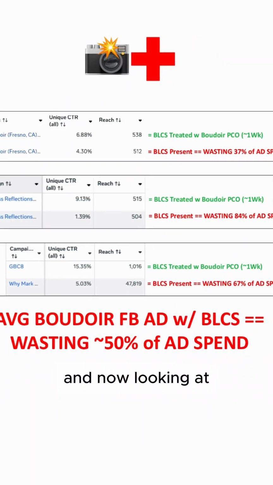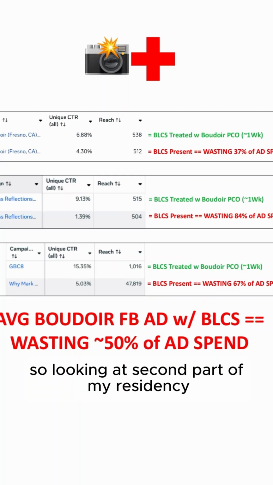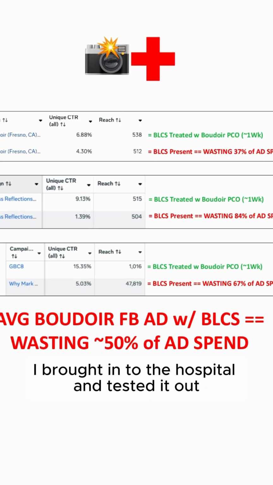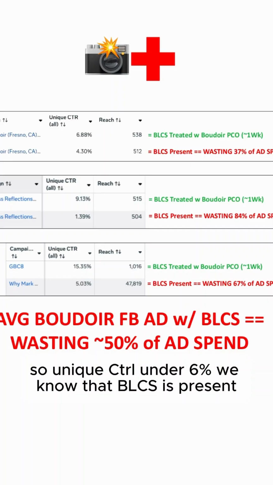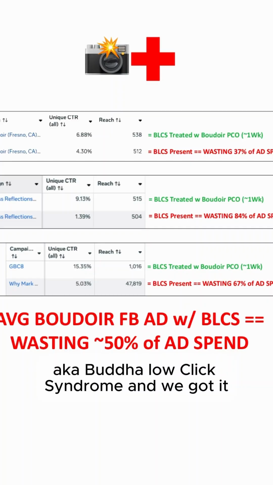And now looking at the second part of my residency, the second one I brought into the hospital and tested out, found its unique CTR was 1.39%. So unique CTR under 6%. We know that BLCS is present, aka boudoir low click syndrome.